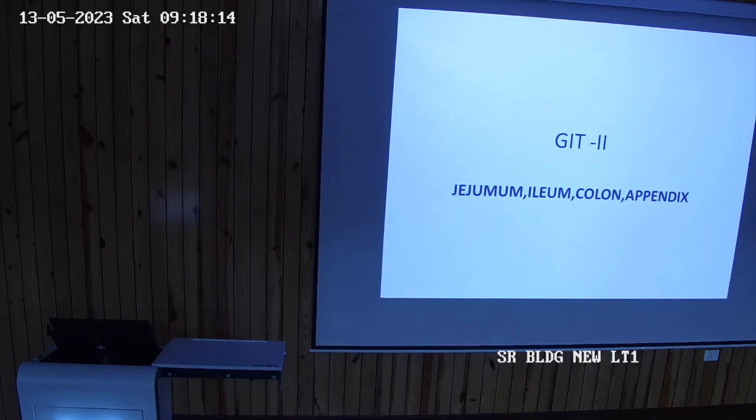There is no submucosal part. While in plica circularis or Kerckring valve, both mucosa and submucosa are present.